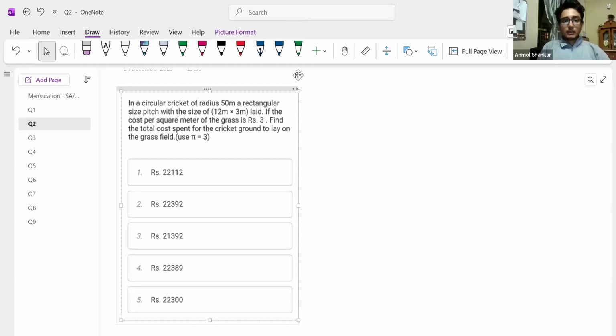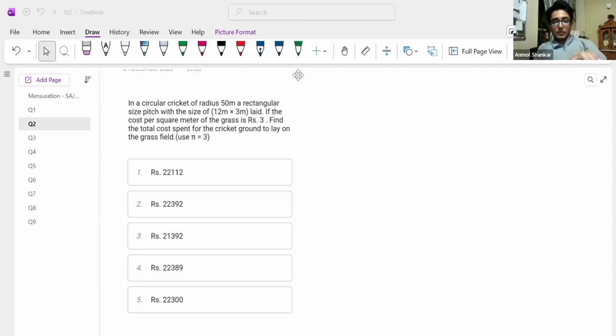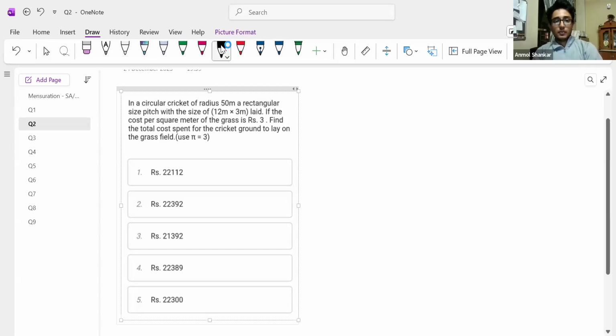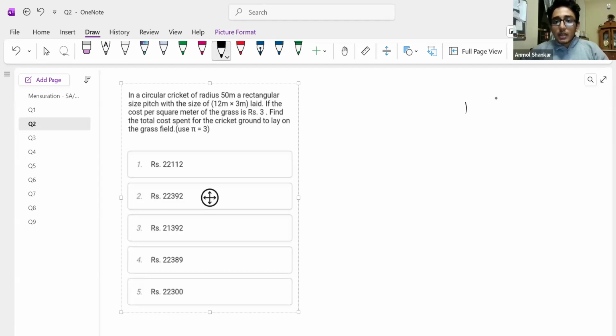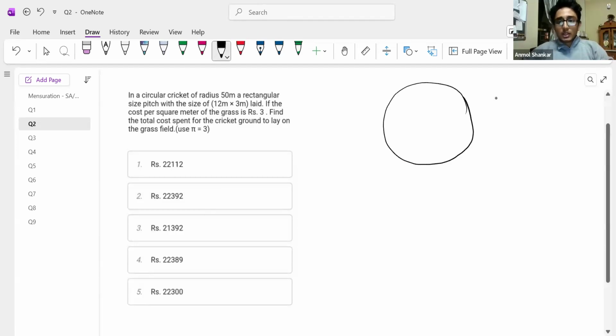Is anyone reading the question? Okay, so in a circular cricket ground of radius 50 meter, I think this is usually bigger than a stadium, so 50 meter is a slightly small stadium.